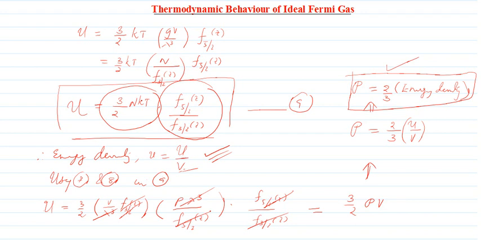Now moving on, before we go for the comparison, let's also obtain similarly the Helmholtz free energy. Any thermodynamic quantities can be obtained. A is equal to U minus TS, and energy can be written as mu N minus PV.